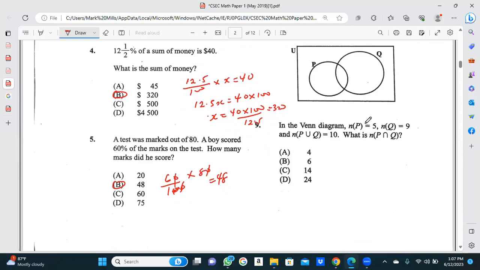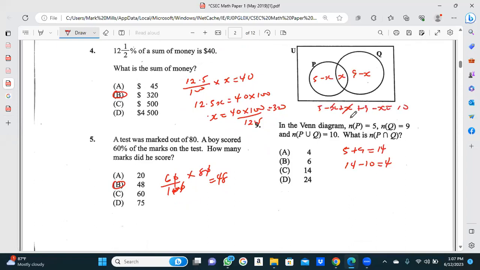The number of elements in P is that, and that. So we want to find an intersection. So you can put your X. What we can do here is put 5 plus 9 is equal to 14. Then 4. You can put here 5 minus X and 9 minus X. You are going to say that 5 minus X plus 9 minus X should give you 10, right?